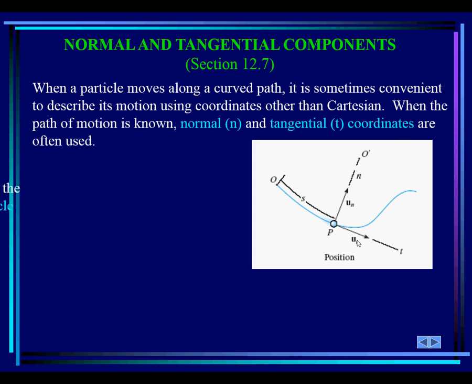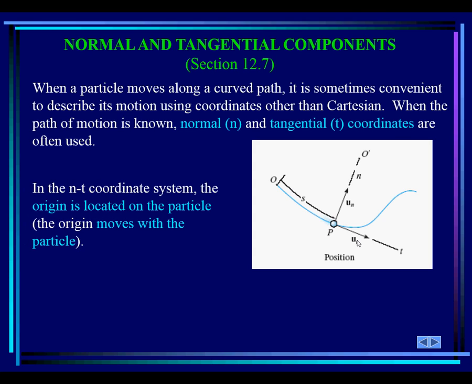Okay, so when the origin is located on the particle and moves with the particle, we want to begin talking about the rotating frame, meaning a frame that is attached to the particle that moves or attached to the body that moves.